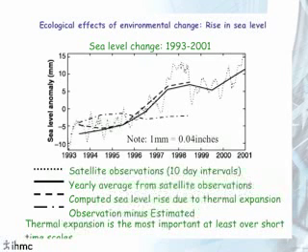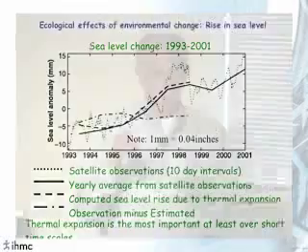And so we now have, with satellite capability, the observations of sea level. So it's not dependent on people going out and measuring it at various places around the world, because how you measure sea level is always a difficult problem. In some parts of the world, the land is rebounding from the last ice age.